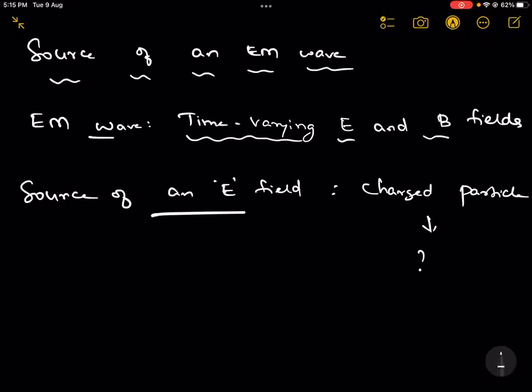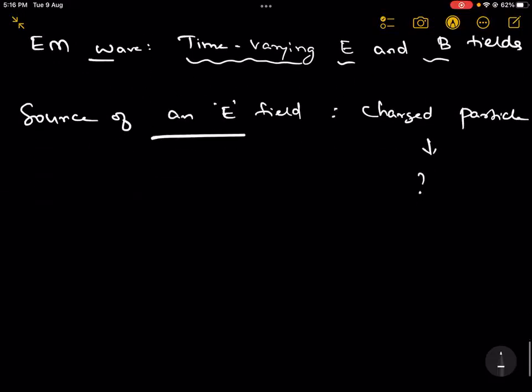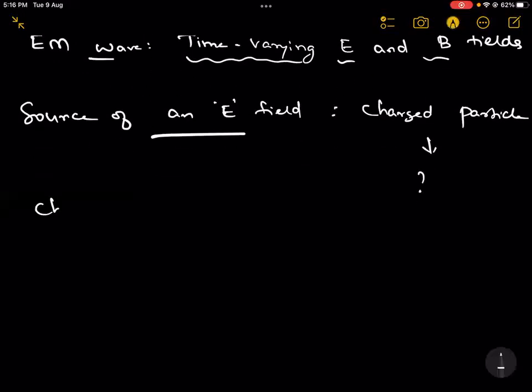In the first chapter, when I discussed electric charges, it can be stationary or it can be in motion. But if there is a charged particle existing, there is going to be an electric field. Is there any doubt in that? Now the question is, when I have the charged particle at rest, what will get generated?